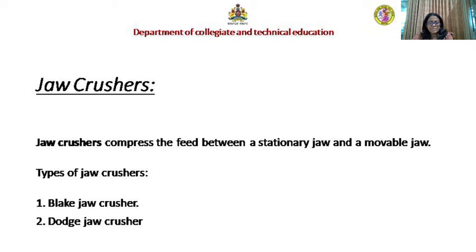As the name itself indicates, the main parts of this crusher are two jaws which are acting as grinding elements. Grinding element means the part of a crusher or a grinding machine which actually supplies the kind of force required to reduce the size of the particles.